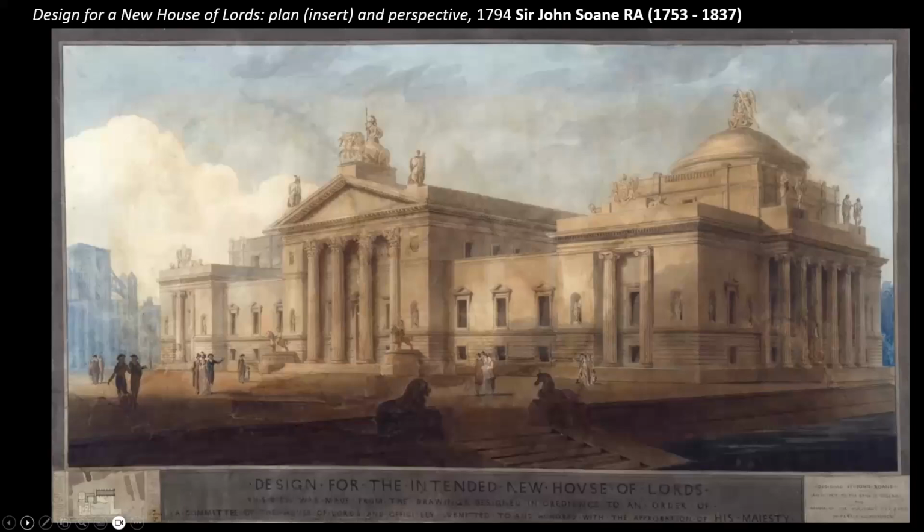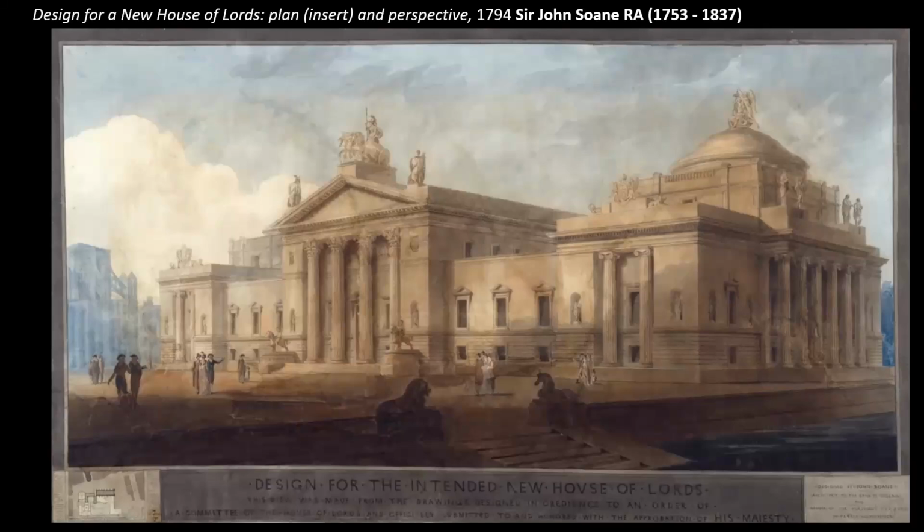You can perhaps just make the corner of Westminster Abbey out right in the very corner of the image. And I suppose one would expect Sir John Soane to produce something as magnificent as this in the neoclassical style, as that was very much the image that he wanted to create.